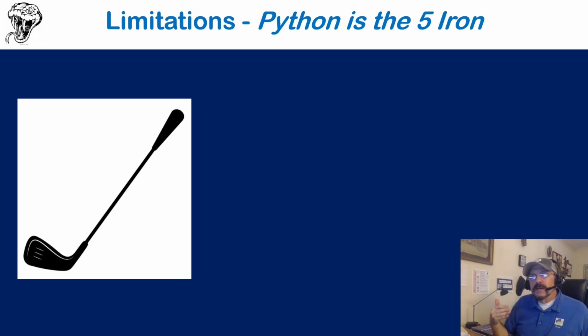I would say Python is like the 5-iron in golfing. You have a whole bunch of clubs, and out of these clubs, you've got the driver, the long club. It's harder to hit with. It can take you from teeing off to the green if you're a professional golfer. I'm not. I can't hit like that no matter what I do. But that's one type of club.